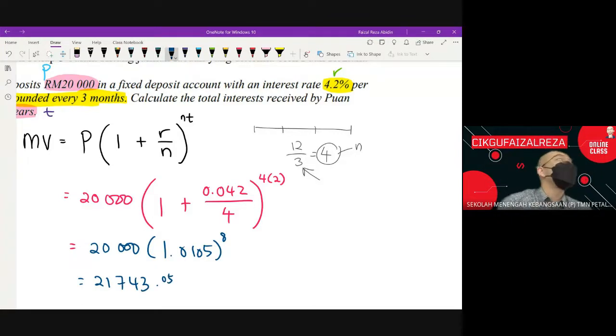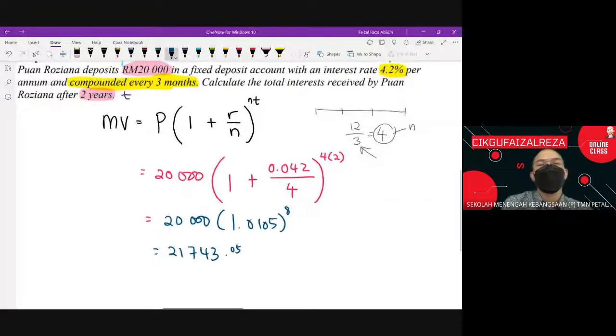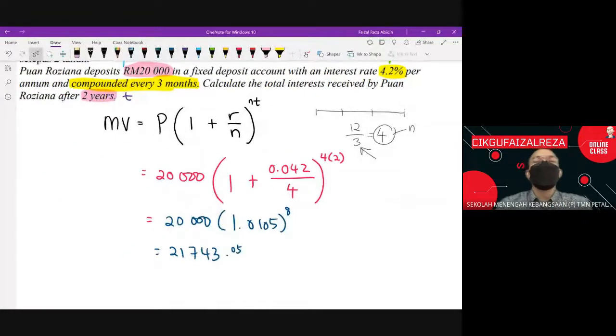Okay. The question asked for what? Total interest she received. This is the interest plus her money, 20,000 there.